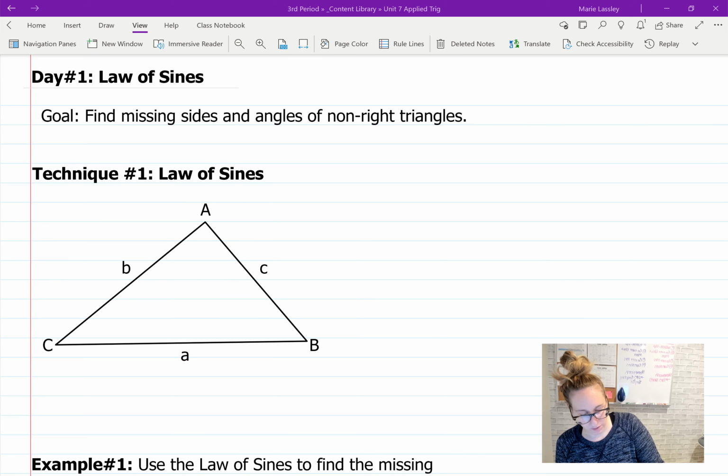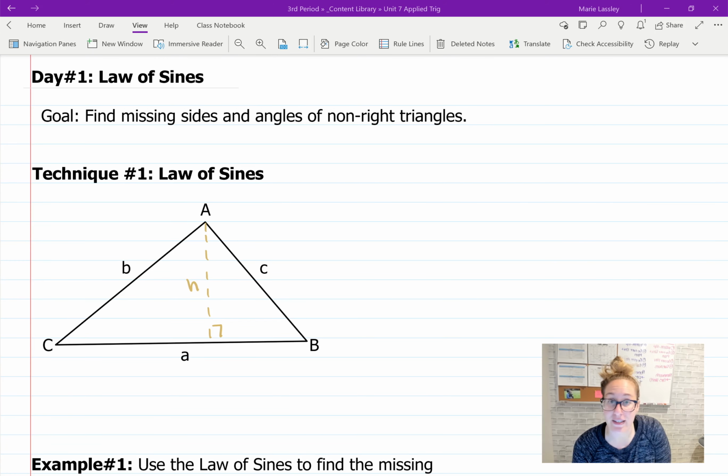So if we drop down what we call a perpendicular, and call this h for the height, this is the height of our triangle. With this height, we can set up some ratios using sine. So let's look at angle B.